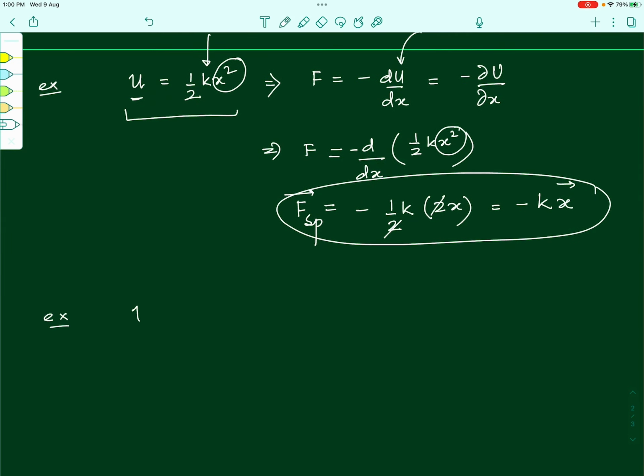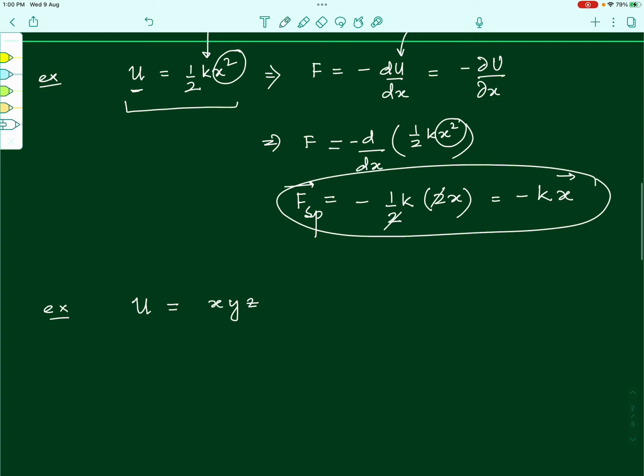Let's say the potential energy function at any given space because of some force is given by xyz, just xyz, okay, and we are supposed to find out the corresponding force here.